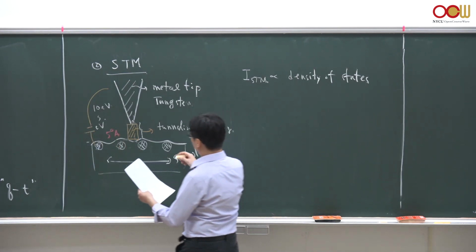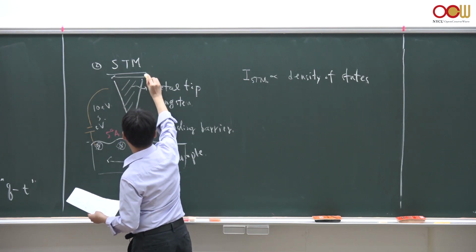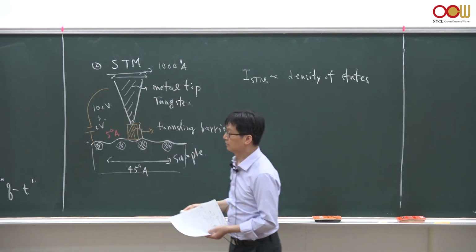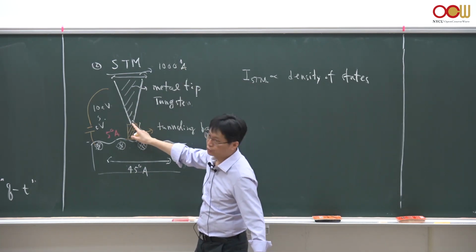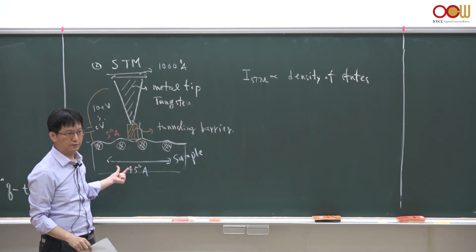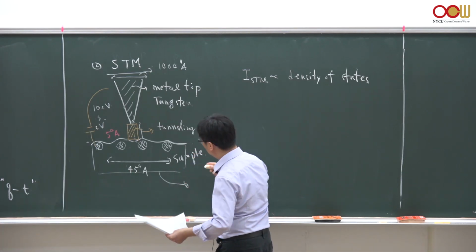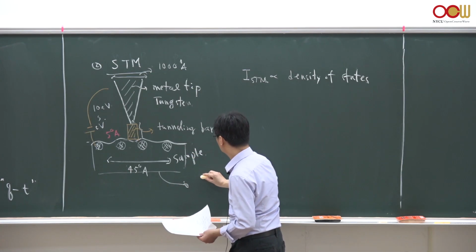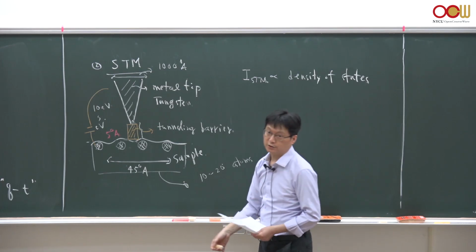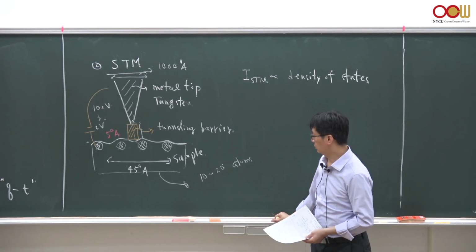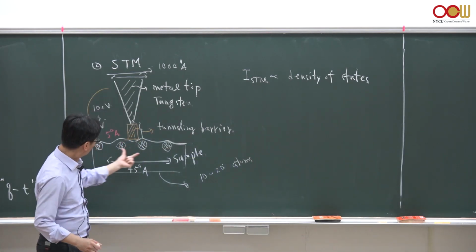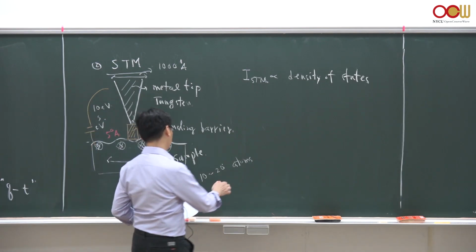Your tip can be much wider, like 1,000 angstrom wide, but the tip end should be very, very sharp in order to resolve this very short distance on the surface, at distances as short as several atomic spacings, say 10 to maybe 20 atoms. Even so, if your STM tip is very sharp, you can see atom by atom and resolve the atomic structure at a single atom level.